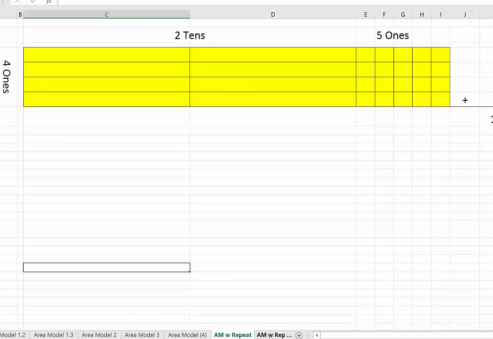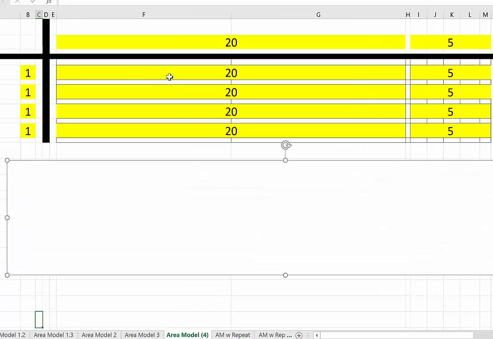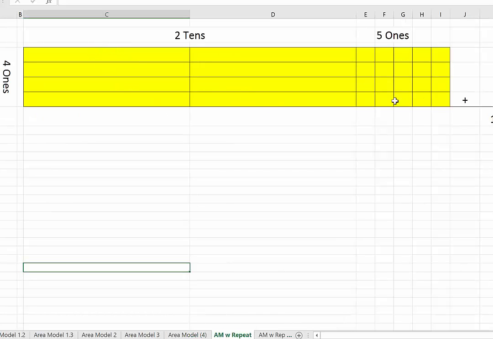Another way of subtly moving forward is that instead of having these rods a little separated here, I know this is a subtlety, we're actually just going to combine them all together, and we now have our first true rectangle with a grid in it, but the value is still the same. 4 ones, 2 tens, 5 ones still gives you the same value in here of 80 plus 20.